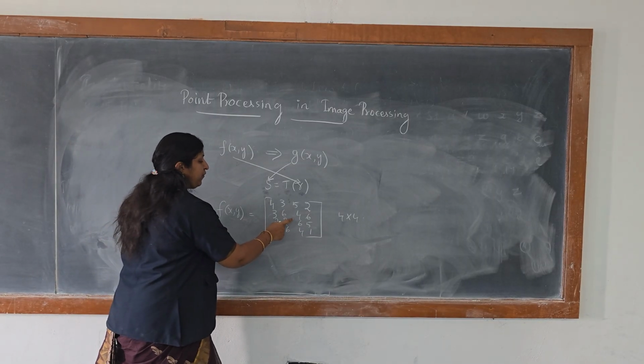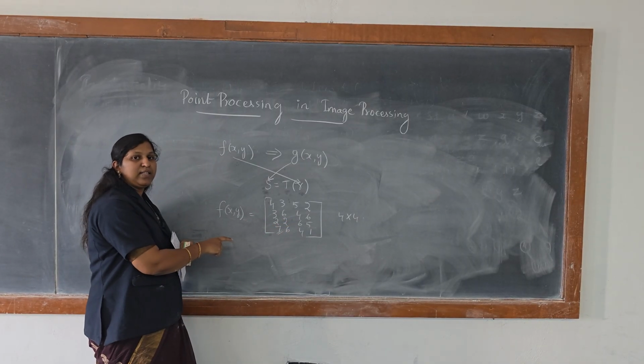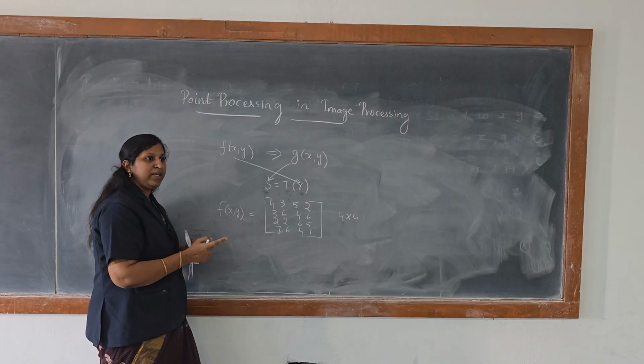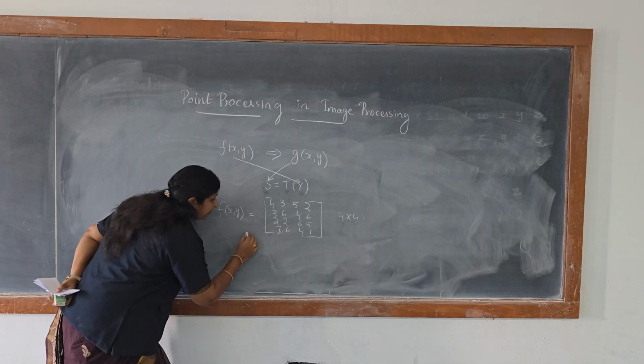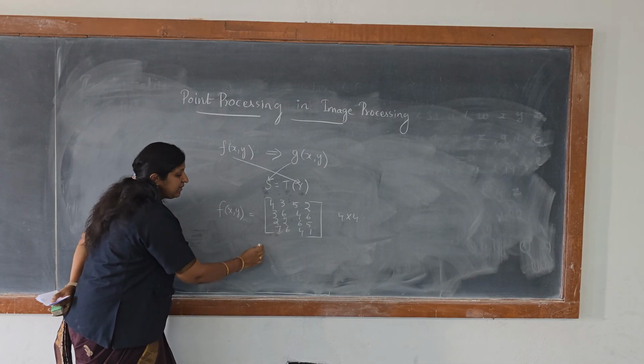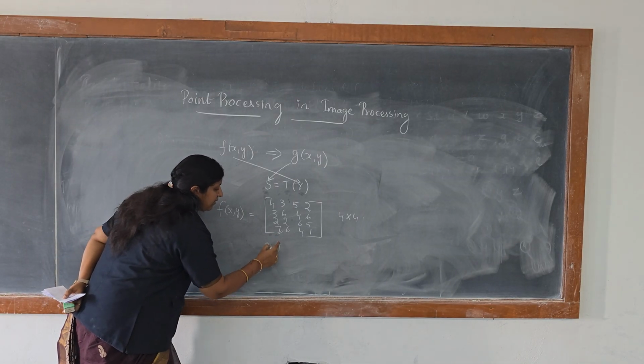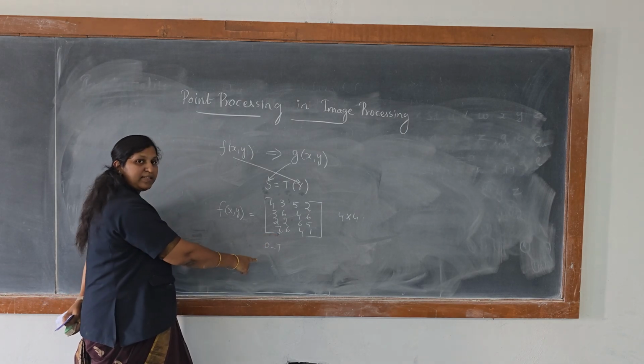If we represent the intensity values in the form of powers of 2, we can calculate the image size. The values of this matrix range from 0 to 7, so the maximum value here is 7.